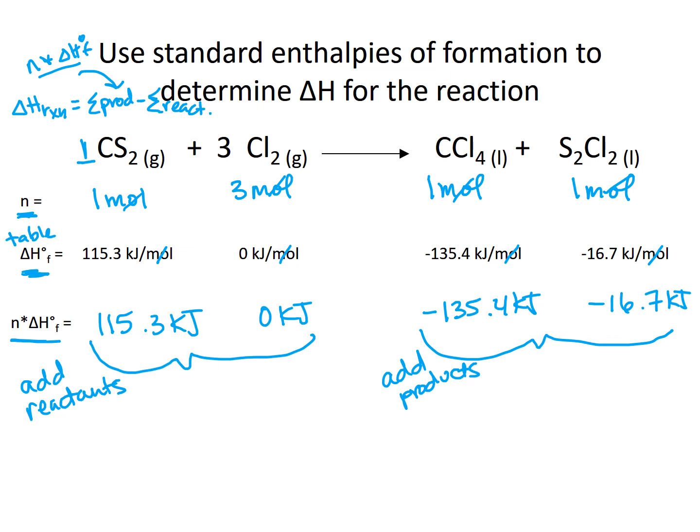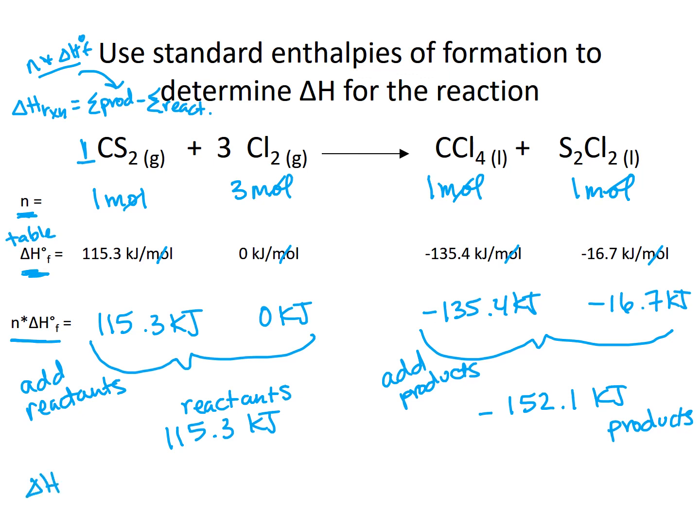So here for my reactants, 115.3 kilojoules plus 0 kilojoules is 115.3 kilojoules for my reactants. When I add the products together, I get negative 152.1 kilojoules of products.